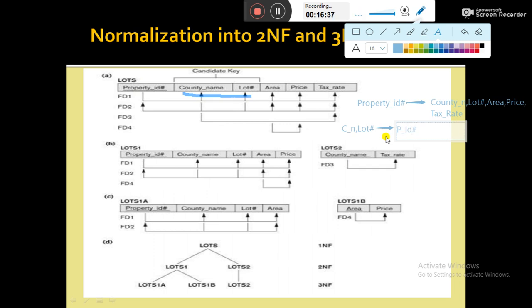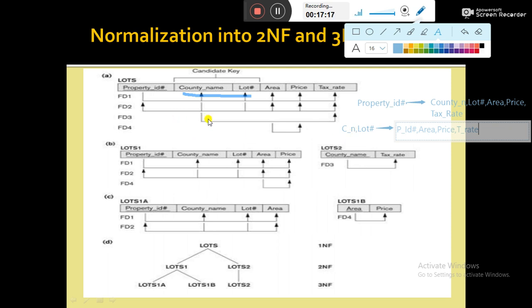So property ID, PID, comma. As a whole, they will also determine area. County name, lot number, as a whole they will determine price. As a whole, again they will determine T underscore rate, means tax rate. So county name and lot number as a combined value determine property ID, area, price, and tax rate. That means this can also be designated as a primary key, but here we have not designated it as a primary key. So this is definitely a candidate key.